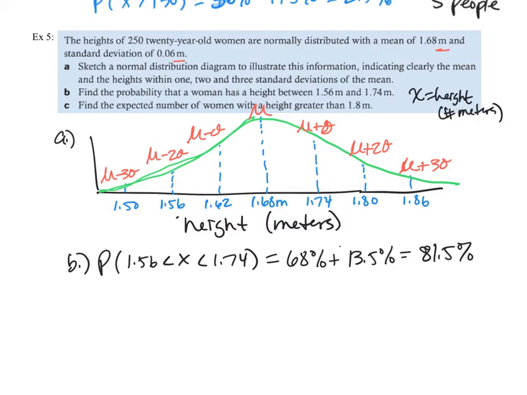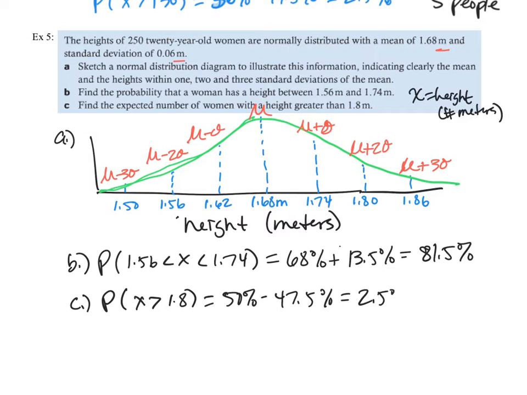The probability of a height being greater than 1.8 meters is going to be 50% minus 47.5%, which is 2.5%.